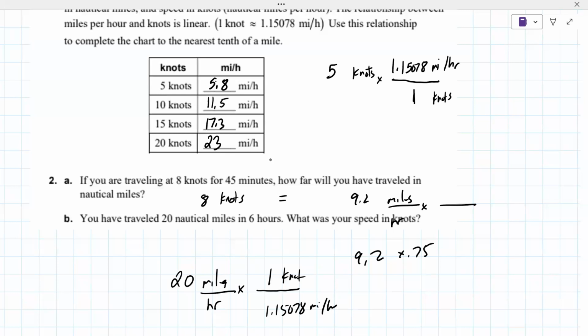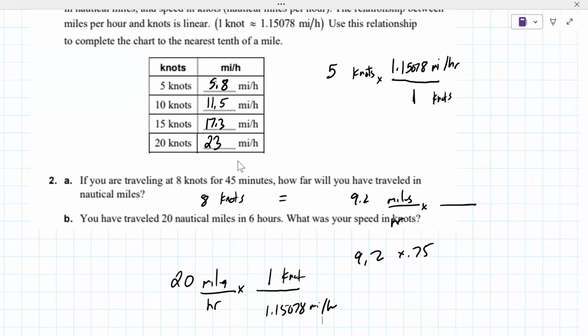Oh, so nautical, so it'd be 20, no, divided by, you're dividing. 20 divided by 1.1507.